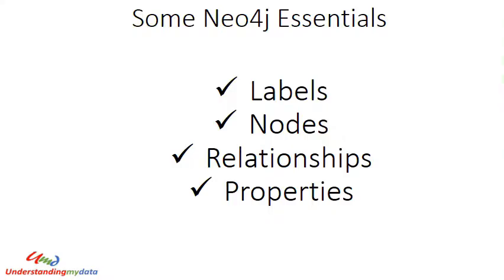Might I also add that the query language used in traversing the graphs within Neo4j is referred to as Cypher. Sometimes it's referred to as CQL, Cypher Query Language. It's used in querying databases on Neo4j's platform.